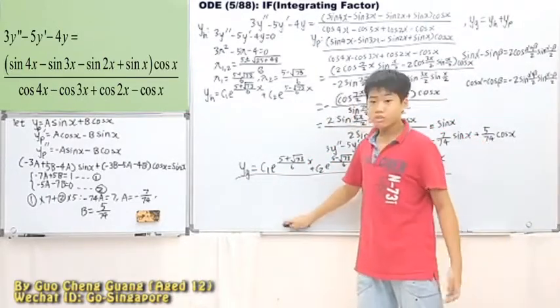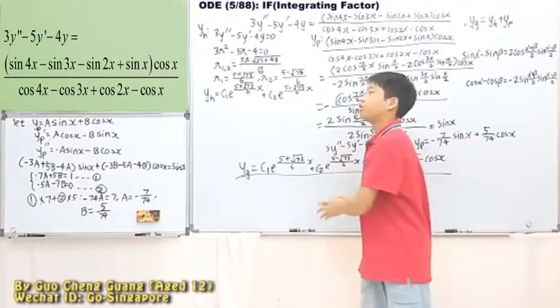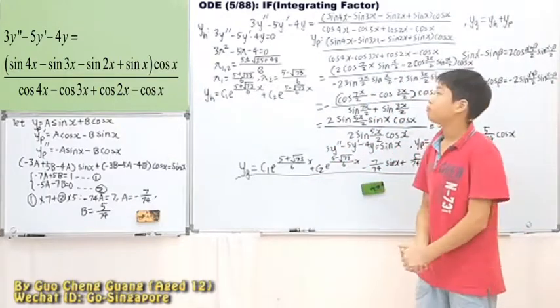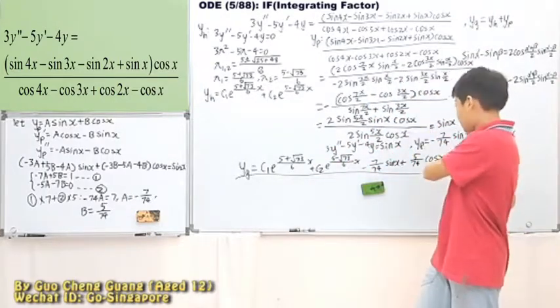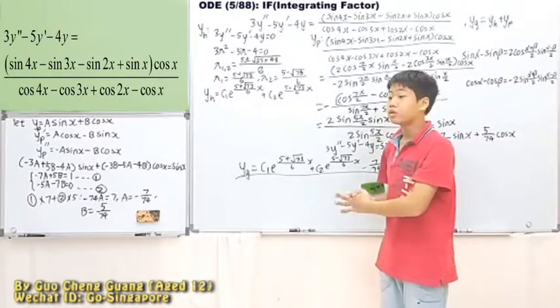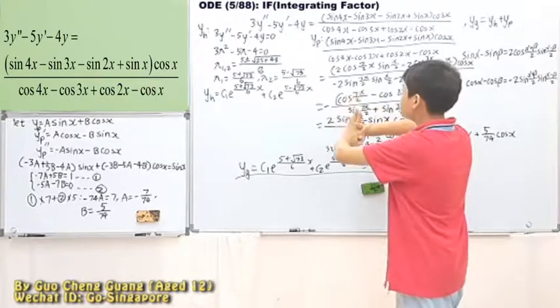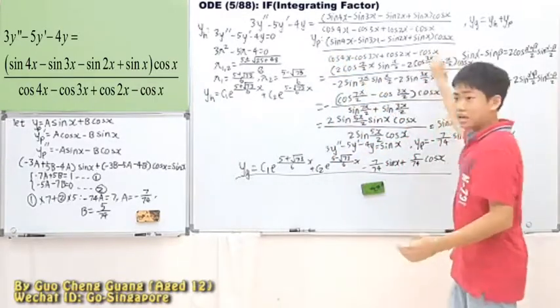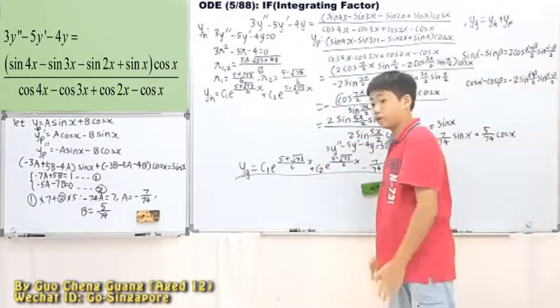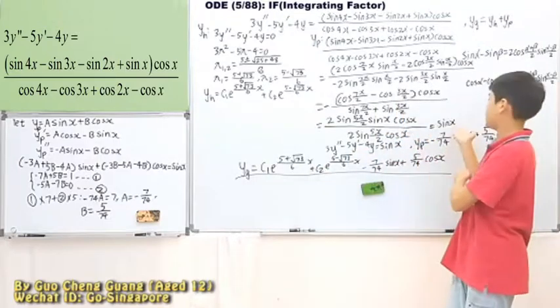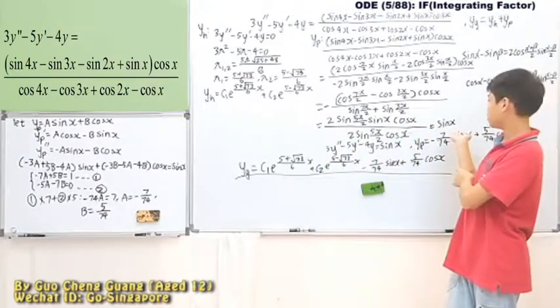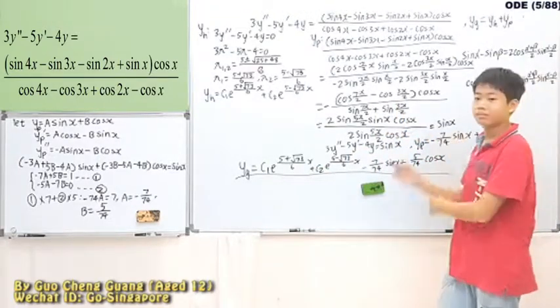All this part, if you want to verify, then you go ahead and verify on your own. But for this part, I think I can end here. So overall, the most interesting part is actually this fraction. You just simplify and continue to simplify, then you just get a sin x. Oh, that is quite weird.